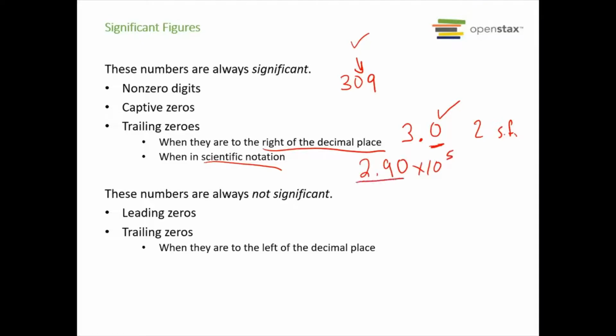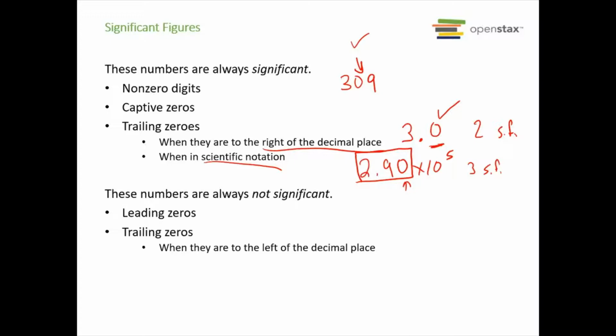Only the numbers in your main number part are the only place where significant figures come into play. The times 10 to the 5th, that's only zeros. Those zeros are considered placeholders. They are not significant. So this has 3 significant figures, the 2, the 9, and that 0, because it's after the decimal point in scientific notation, it is significant.